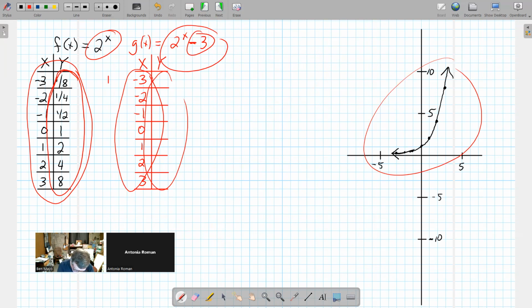Now, I could take 1/8 - 3, and that would be like -2 and 7/8 or whatever it is. But the easier way to do this is just to say, to graph this thing, everything's going to move down 3 units. So 1, 2, 3, 1, 2, 3, 1, 2, 3, 1, 2, 3. And then this thing bottoms out like this. Oops. I know that's a terrible graph.